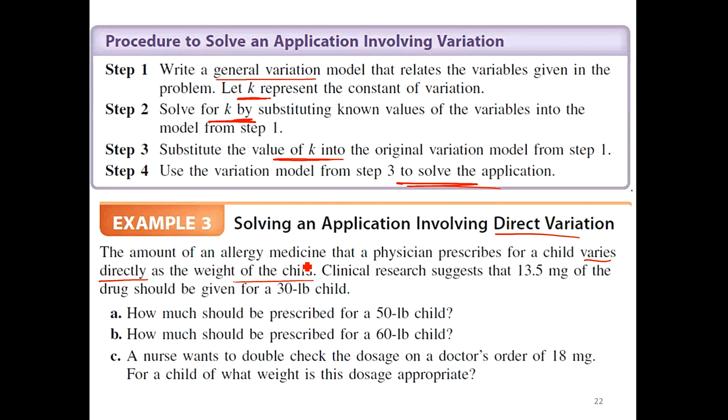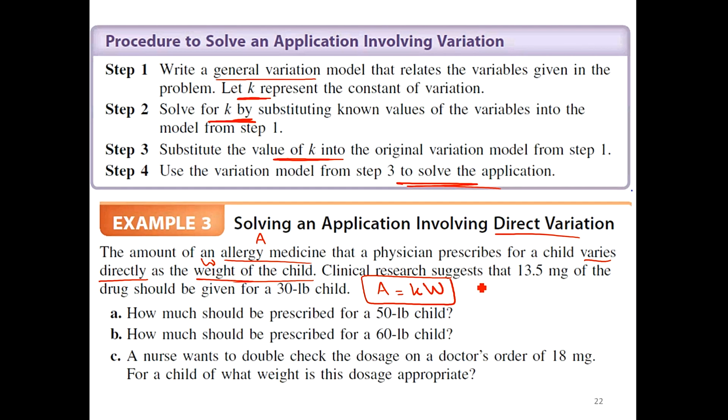So we have the allergy medicine, this is A, and we have the weight, W. The relation between them varies directly, like this: A equals K times W. Okay, now this is the formula, but we need to find K. How can we find K?